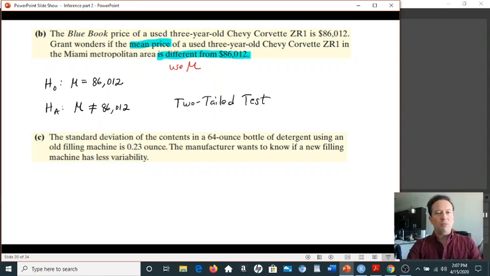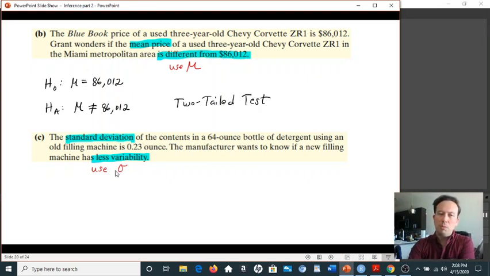For part C, we have the standard deviation. So of course, standard deviation right off the bat, remember, is sigma for the population. So the standard deviation of a bottle of detergent using an old filling machine is 0.23 ounces. The manufacturer wants to know if a new filling machine has less variability. So first, what's the null hypothesis?